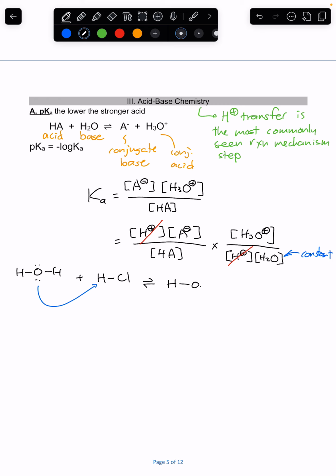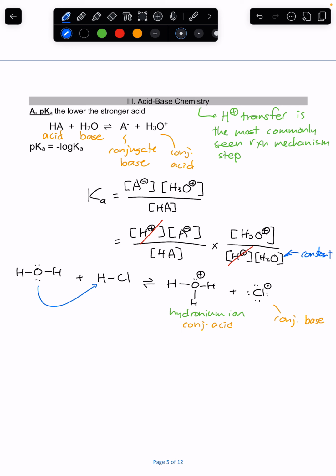If water picks up a proton, that's what you get. This is, remember, called hydronium ion. And here's the conjugate base of HCl. Right, this is the conjugate acid. This is the conjugate base. So hope that makes sense.